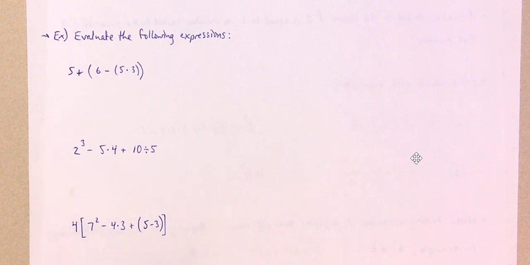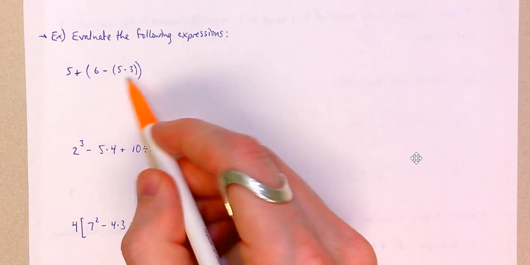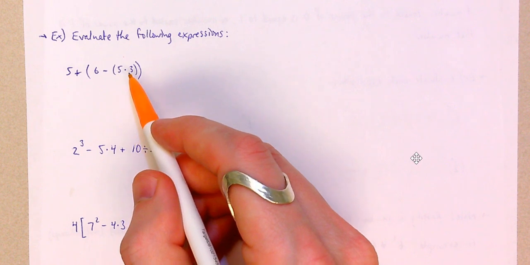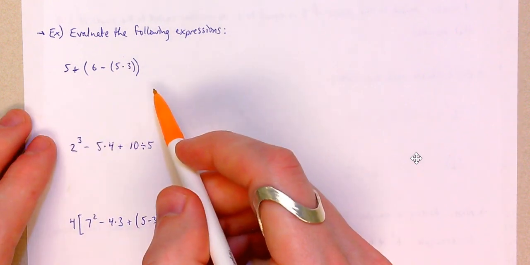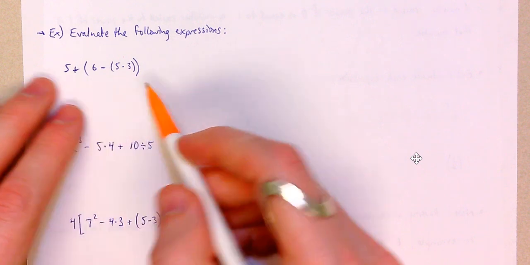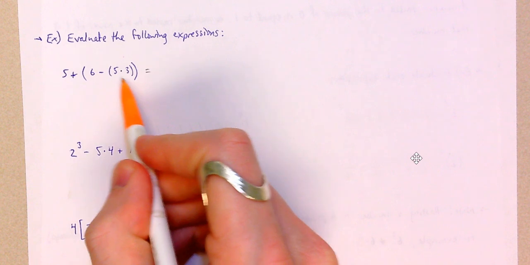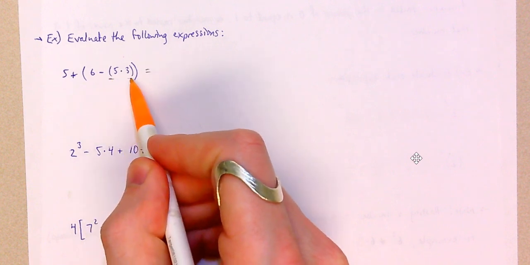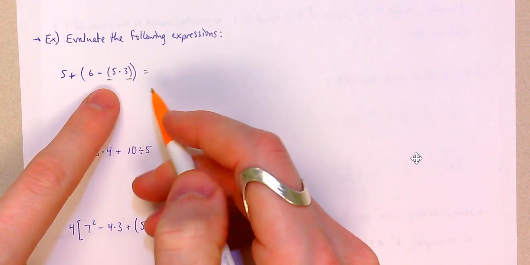So we have some parentheses that we have to work with. Always deal with the innermost quantities that are inside of our grouping symbols, and then work your way out. So start inside, work your way out. So I have to take care of what's inside of these guys first. So what's inside of those guys is 5 times 3.